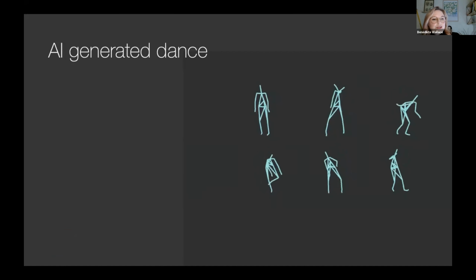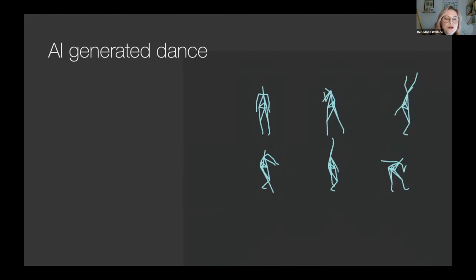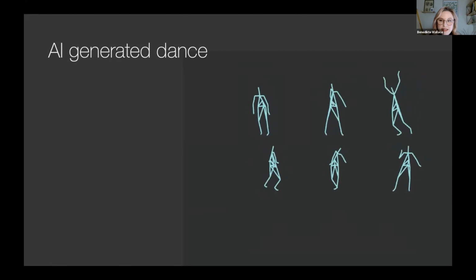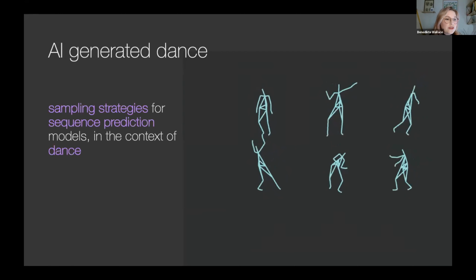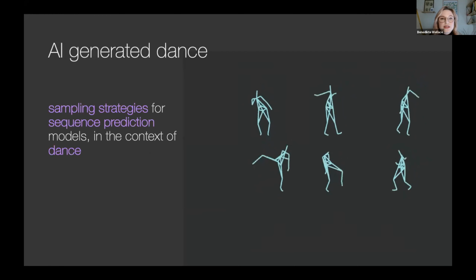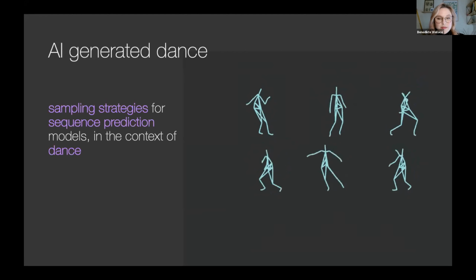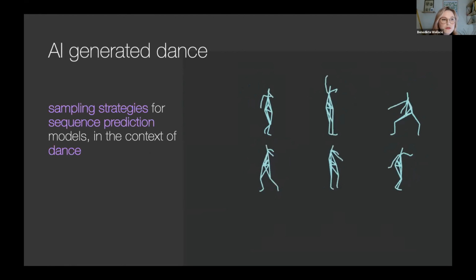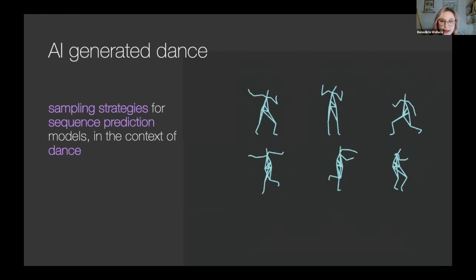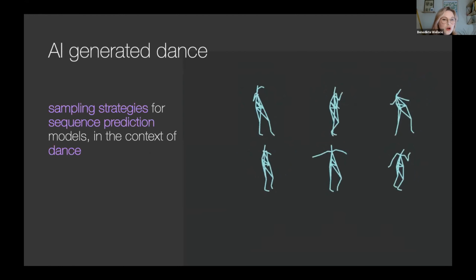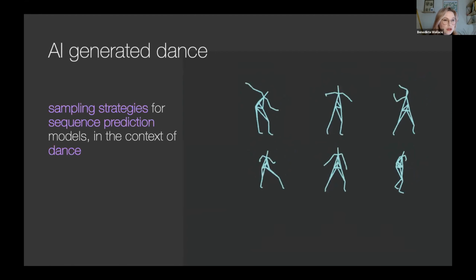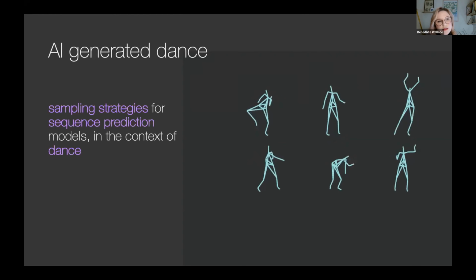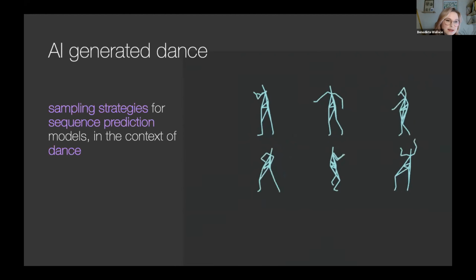So the work I'm here to talk about is focused on exploring common sampling strategies in the context of sequence prediction models and dance. Most generative models that learn some kind of probability distribution allow us to have some control over the sampling stage when the model is done training, and the opportunity to select tokens with more or less randomness.